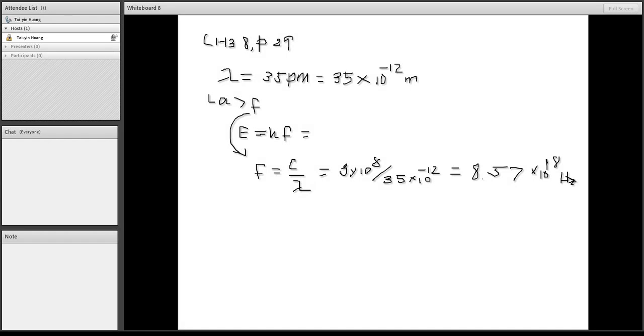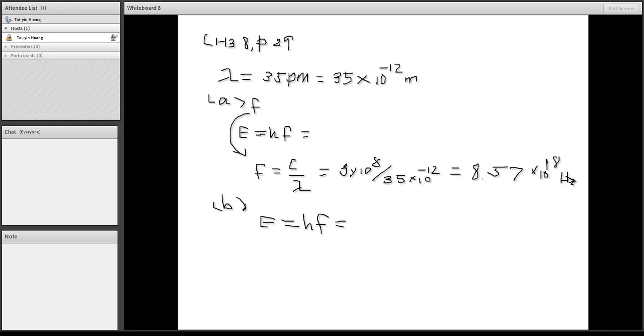And the second part is you want to calculate the energy. So energy and frequency are related: E is equal to hf. You can either use the SI unit or use the keV, the eV units.